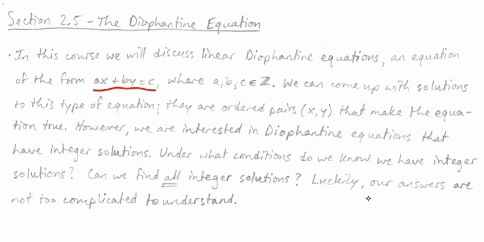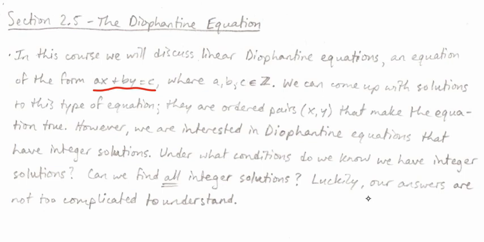So we want to know, when does this type of equation have integer solutions for x and y? We need to look at under what conditions we know that we have integer solutions. And then once we know that we can find integer solutions, do we then have a formula or a set of formulas that we can use to find all integer solutions to a given linear Diophantine equation?